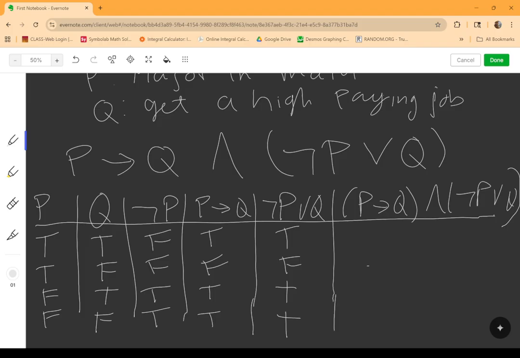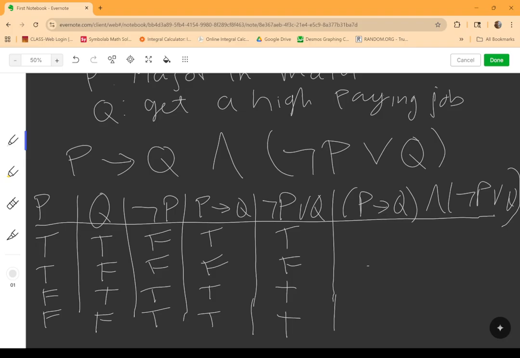Notice that in none of these statements have I talked about majoring in math or anything about a job. It's stripping out all the context and just focusing on the statement, as long as it's a valid statement, something that is either true or false, and I break it down into this truth table.